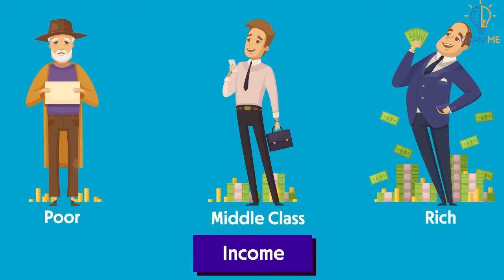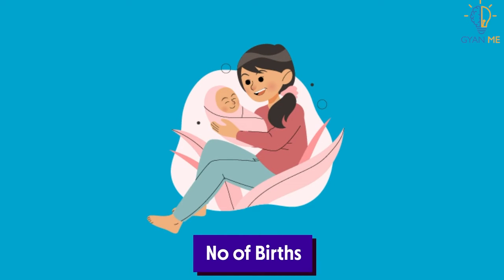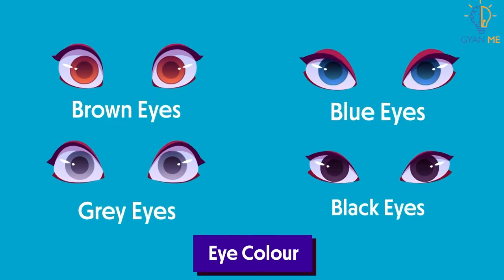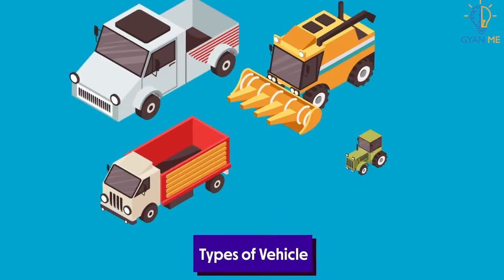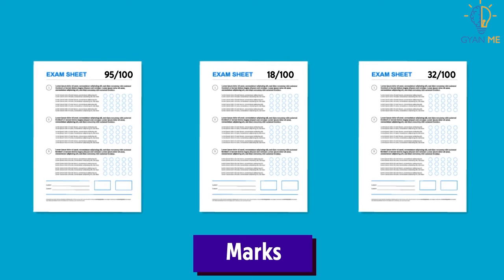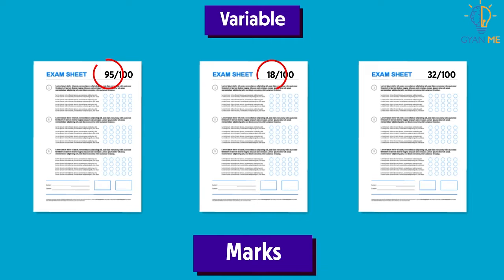Age, income and expenses, number of births, class grades, eye color or vehicle type, marks are examples of variables. It is called a variable because the value varies in a population. For example, marks of students is a variable that can vary between individual students in a class.